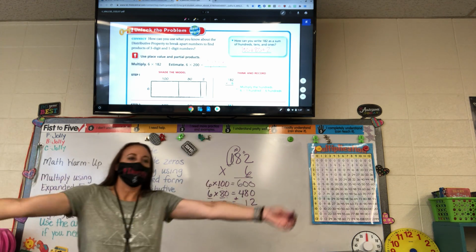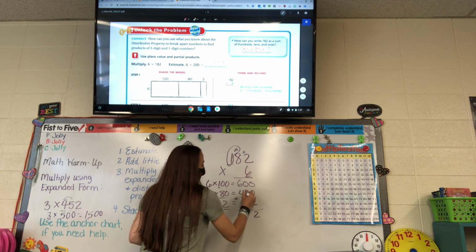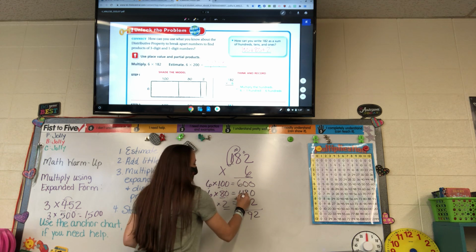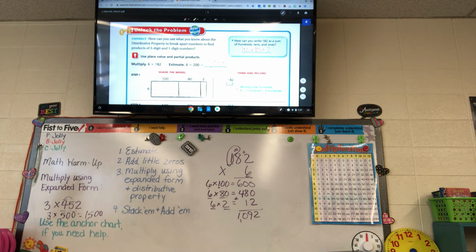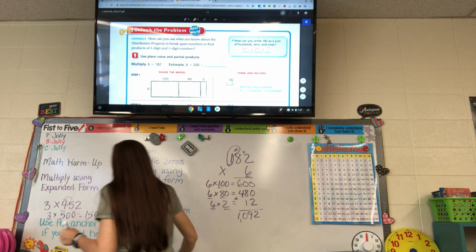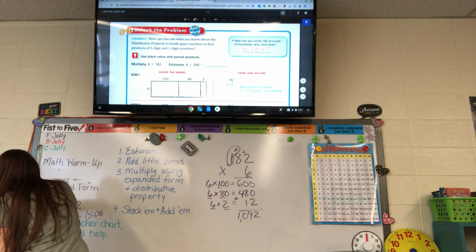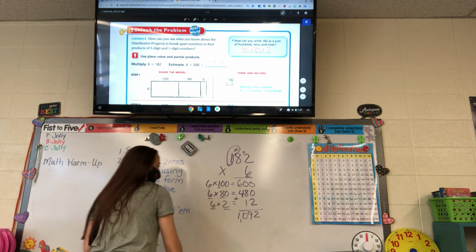Stack them and add them. 0 plus 0 plus 2. 0 plus 8 plus 1. 6 plus 4. 10. Okay, so 1,092. That is pretty close to our estimate of 1,200. So our answer is reasonable.